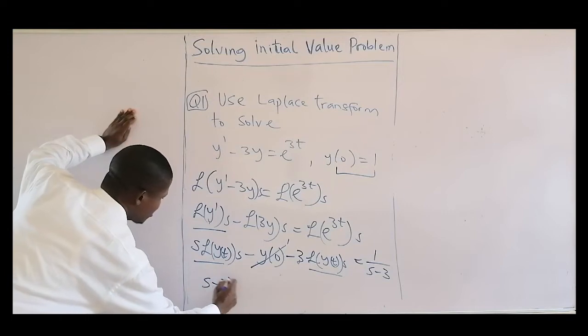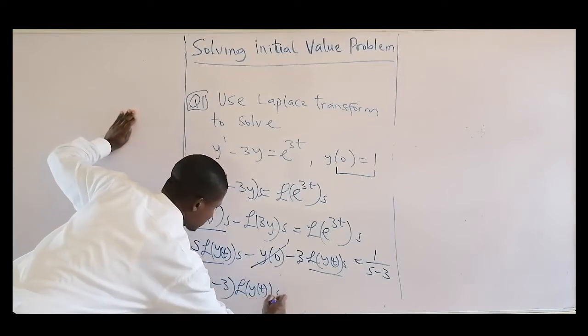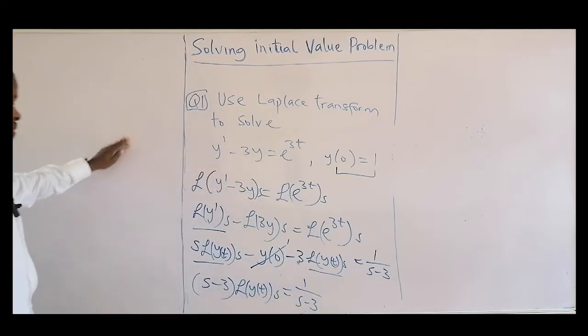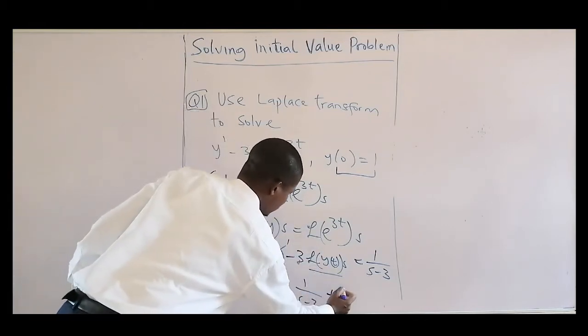That will be s minus 3 Laplace of y of t equal to 1 over s minus 3. Then we can move this minus 1 to the other side, that's plus 1.